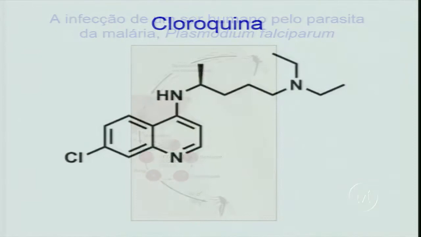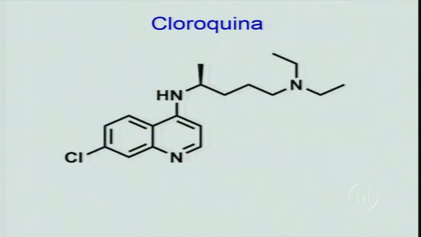Well, in the 1940s, a drug was discovered, chloroquine, which could cure malaria and would kill the malarial parasite. It was really a wonder drug. It was cheap, it didn't have many side effects, and it was very effective.